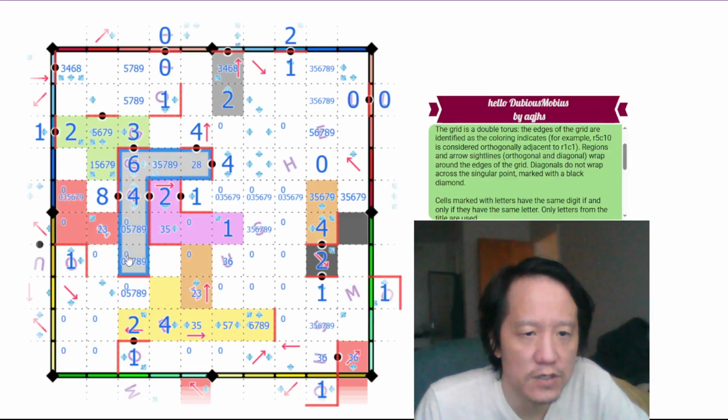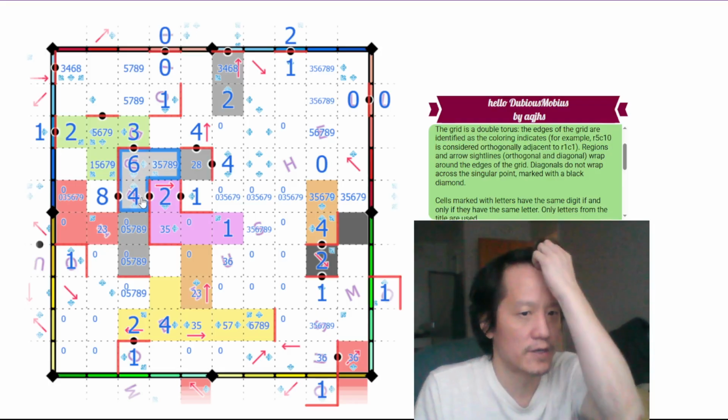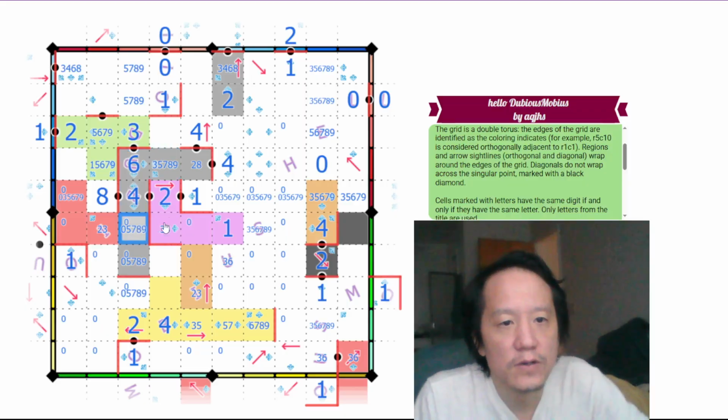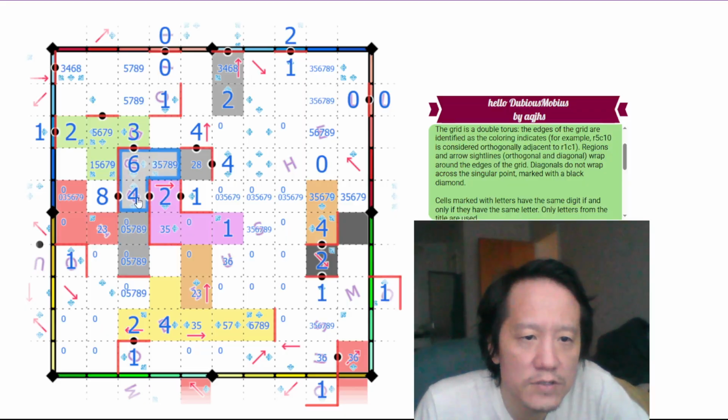So this is 6. That's interesting. Okay, so say this was not 3. Wait. It sees 1, 2, 3. It can only see 4.